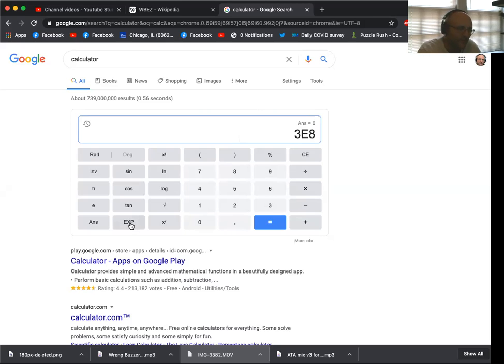On Google Calculator, I used EXP. Your calculator has an EE or EXP button or something like that for scientific notation. So it goes like this, and then 9.15, E7, I believe, was the other one. And that gives me an answer of about 3.28 meters.